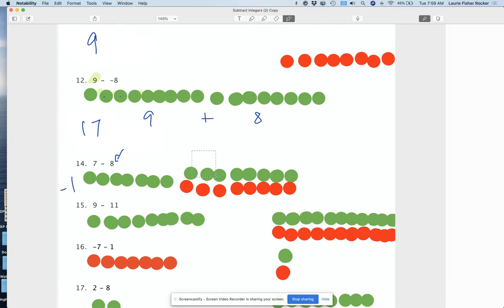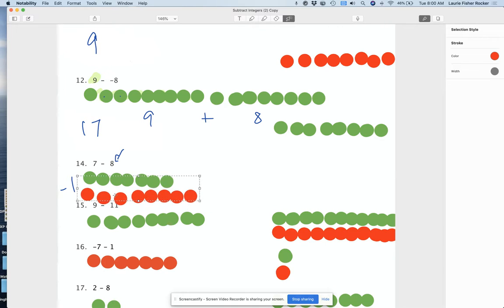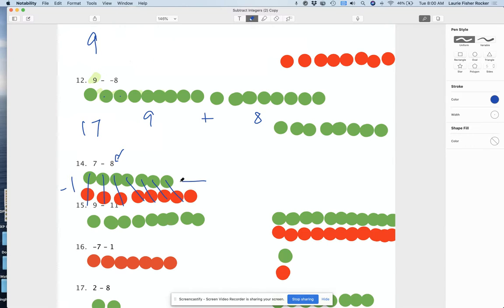So I'm going to take away those 8. Okay. And so now I've got to rearrange these because I do have some opposite colors here. So, 0 pair, 0 pair, 0 pair, 0 pair, 0 pair, 0 pair, 0 pair. So I'm left with 1 negative. And there we go.